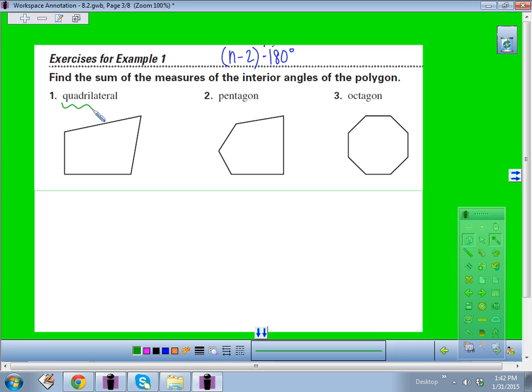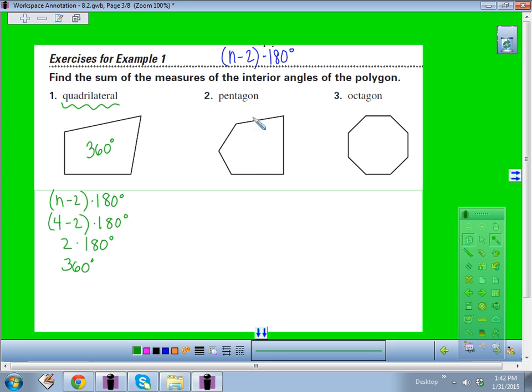It's 4-sided. We've already had our quadrilateral unit. We know without doing this formula that the sum should be 360 degrees. But just to reiterate the formula, we can just plug in our numbers into the n minus 2 times 180. And so the number of sides is 4. 4 minus 2 is 2. 2 times 180 would be 360 degrees. And that would be the sum.